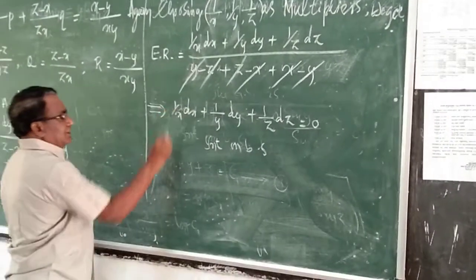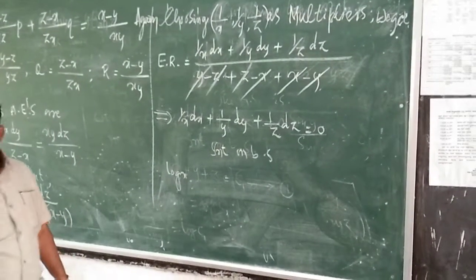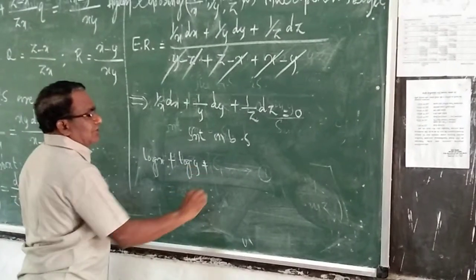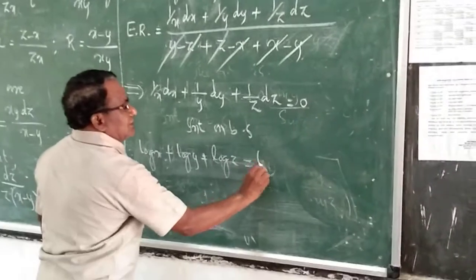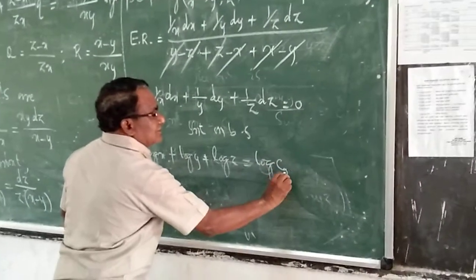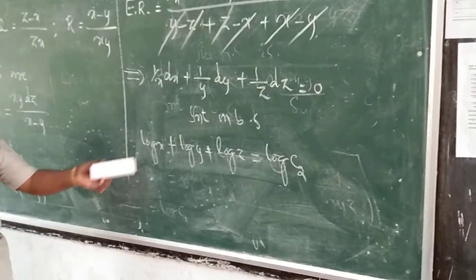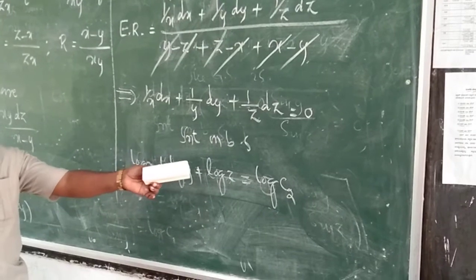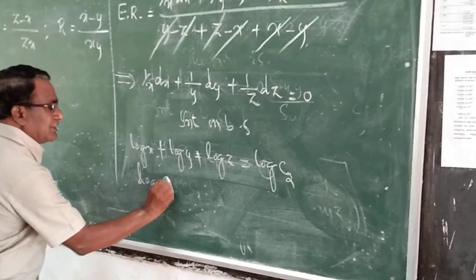Integration of 1 over x is log x, plus integration of 1 over y is log y, plus integration of 1 over z is log z. Take the constant of integration as log c2 here. The left hand side is of the type log m plus log n plus log p, which may be written as log of m into n into p.